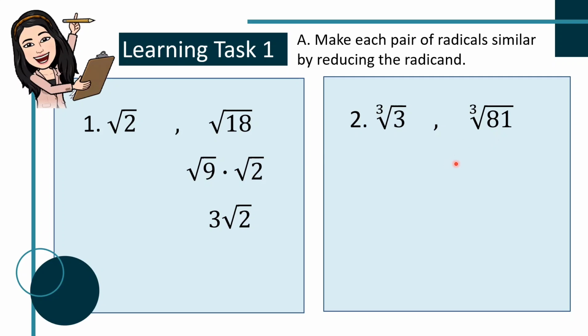Didn't I show you our perfect cubes? It could be 1, 8, 27, 64, and also 125, and so on and so forth.